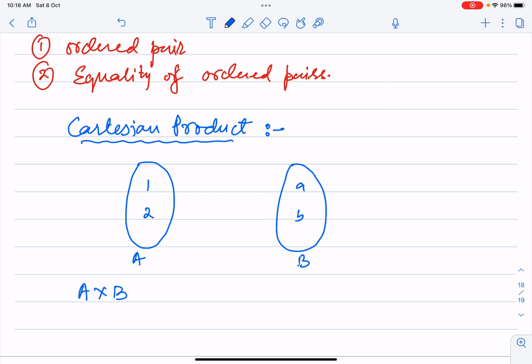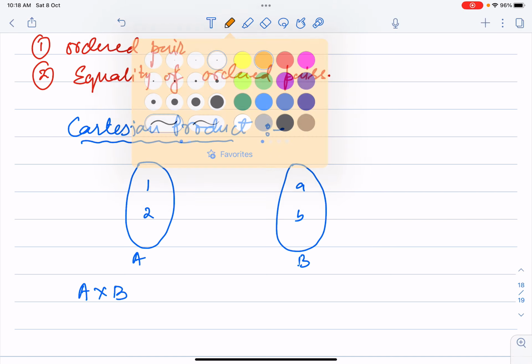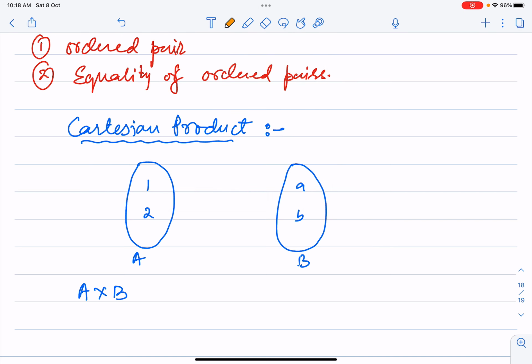So now what we have to do is join the first element from A to either a or b. So it can go like this or it can go like this. One can go to a, one can go to b.